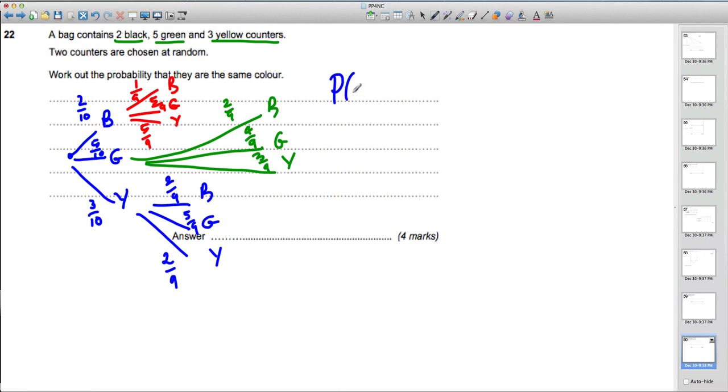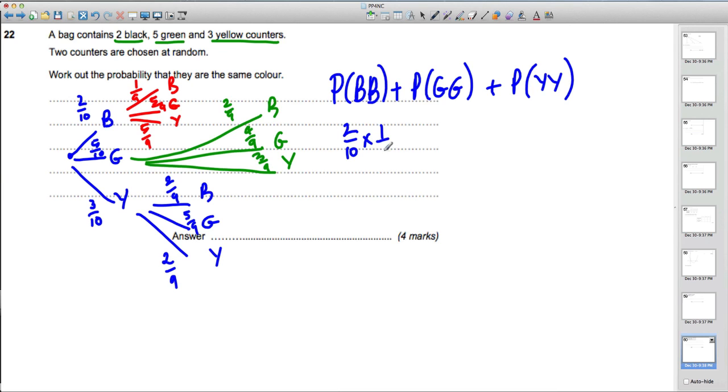Either that is the probability that you get blue, blue, plus the probability that you get green, green, plus the probability that you get yellow, yellow. By looking at the tree diagram, it's 2/10 times 1/9, plus 5/10 multiplied by 4/9, plus yellow, yellow, 3/10 multiplied by 2/9.